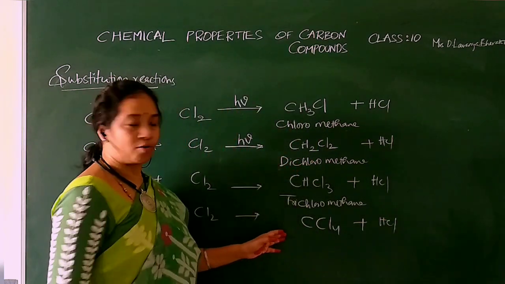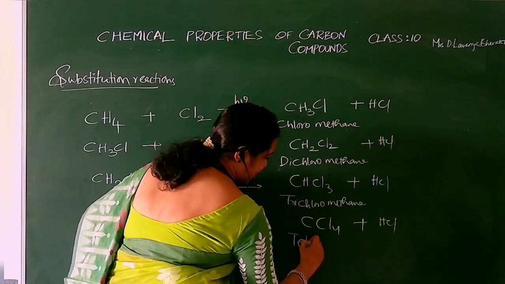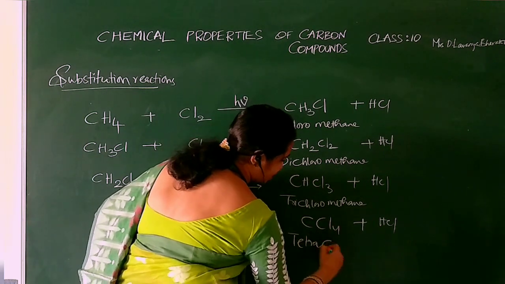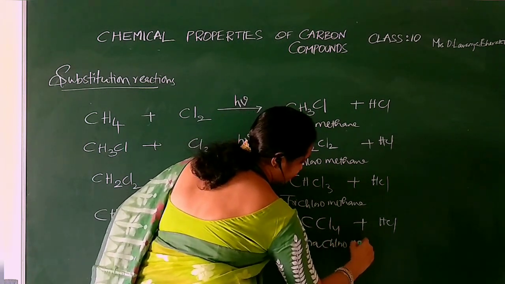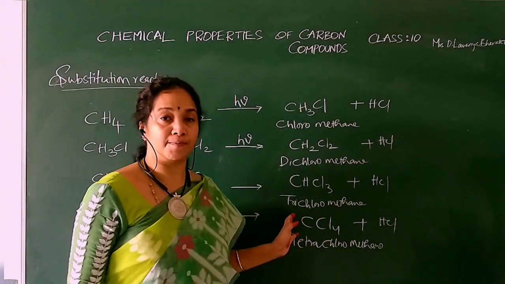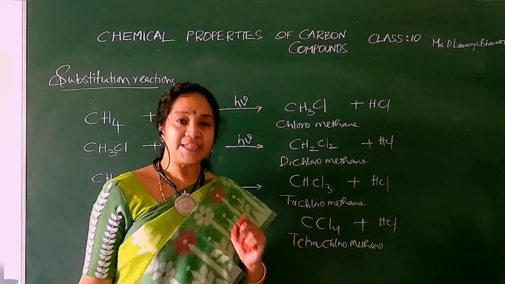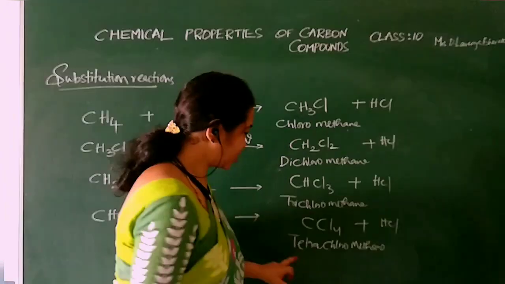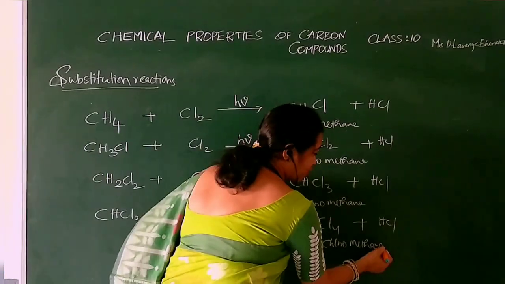This CCl4 has four chlorines and is called tetrachloromethane. We also call it carbon tetrachloride, which is an important organic solvent. Carbon tetrachloride is the common name, and tetrachloromethane is the IUPAC name.